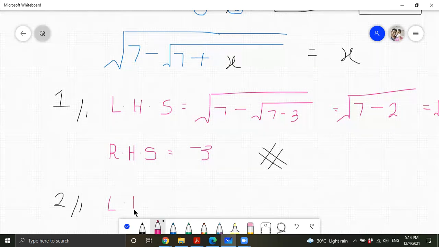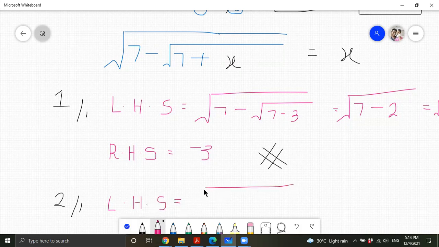Sorry about everything, guys. Let's just keep with me and watch this. The magic is going to happen. So square root of 7 minus square root of 7 plus, now the value is 2, right? When it comes to 2, then it will be square root of 7 minus square root of 9, which is 3. Voila.